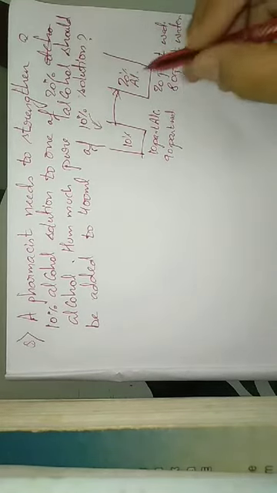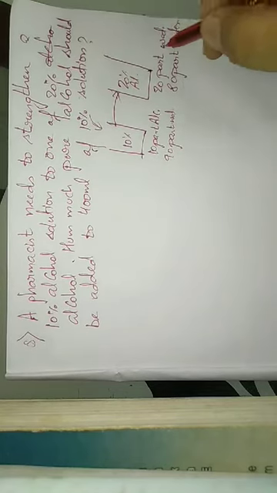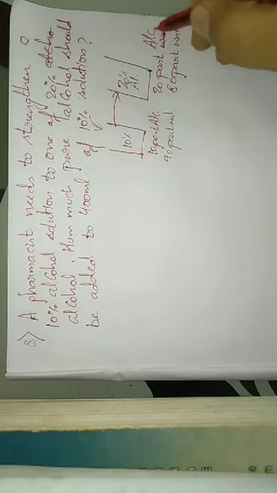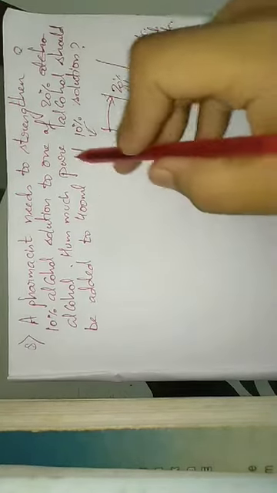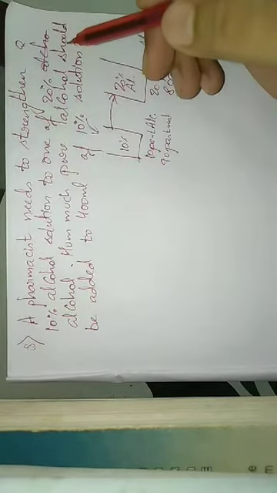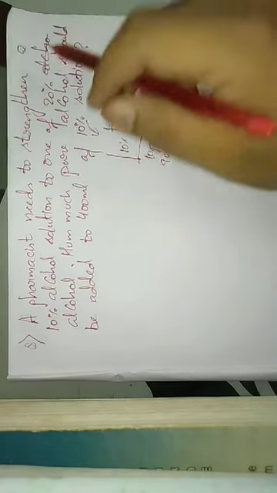Okay, so you need to increase the amount of alcohol, and how will that happen? That will be done by using pure alcohol. So students, we will start with how much pure alcohol.